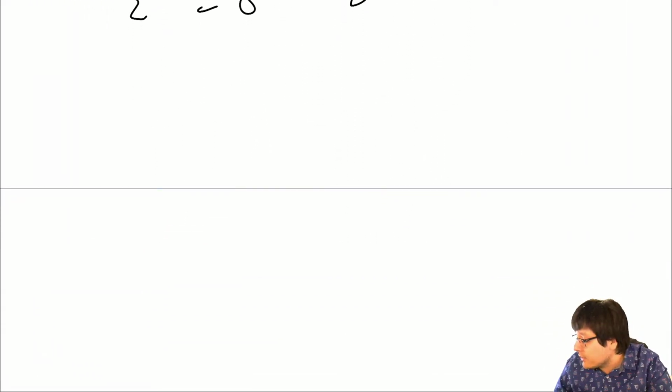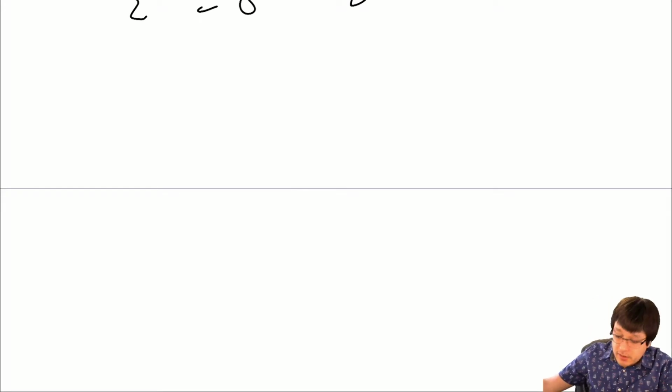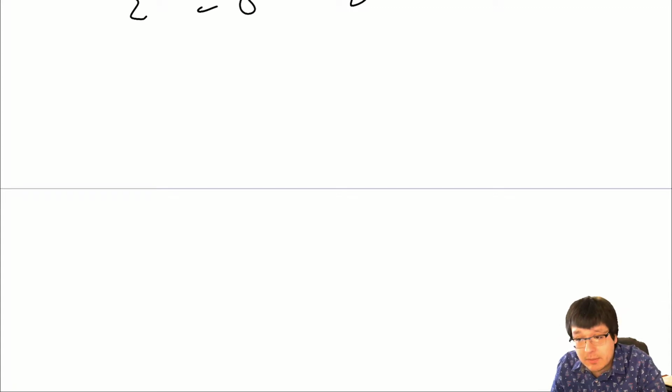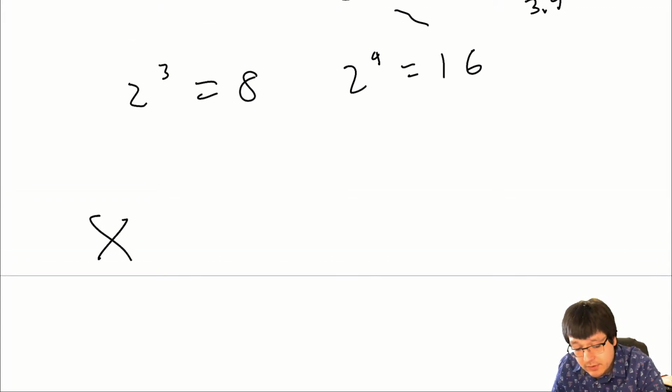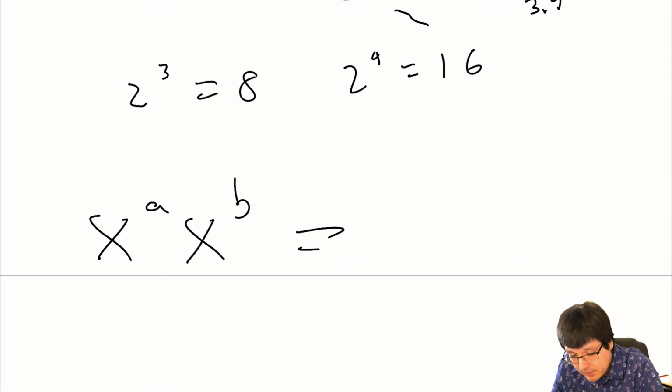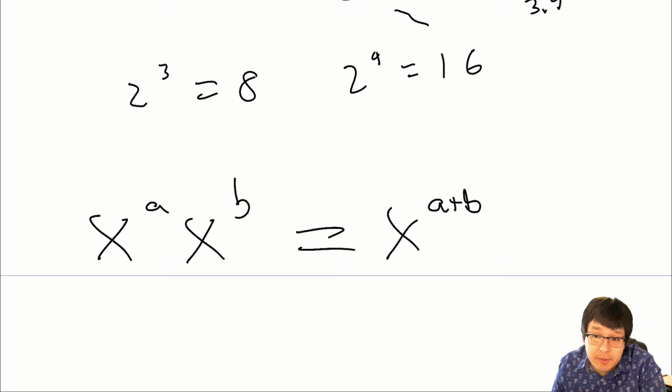However, I would like to also bring up a couple of logarithm properties that may come in useful when we're solving recurrence relations and other exponent stuff. So, for example, some of the most basic ones, but it's still good to have them refreshed. If you have something of this form, x to the power of a times x to the power of b, this can be rewritten as x to the power of a plus b.